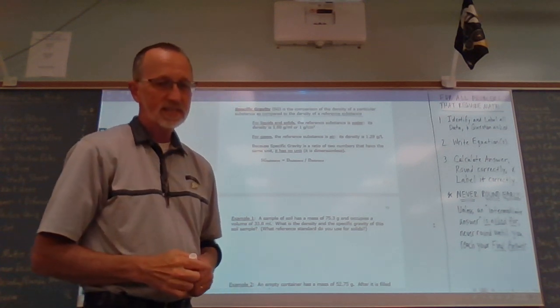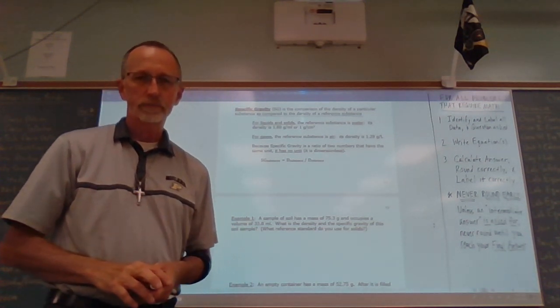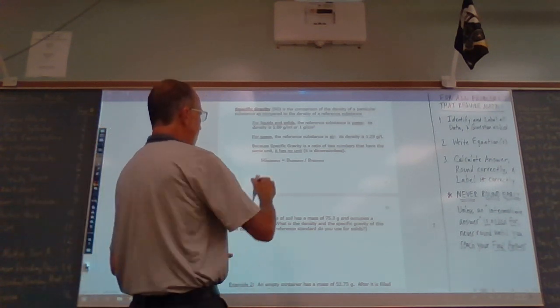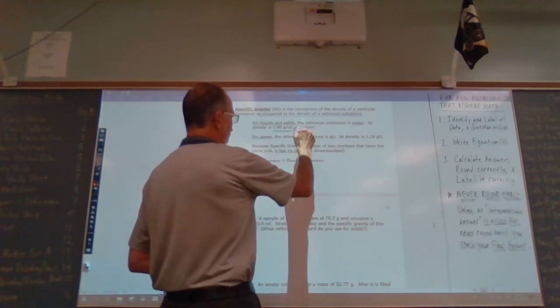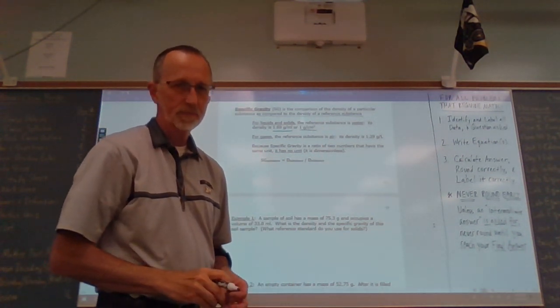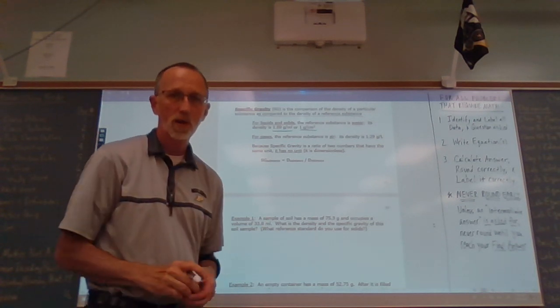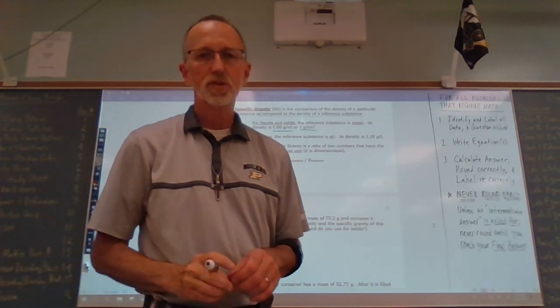For liquids and solids, the reference substance is water, right? Of course, its density is, for liquids, normally expressed in grams per mL, solids, grams per centimeter cubed. It's 1, or 1.00. Normally, the density of water is expressed to 2 decimal places.